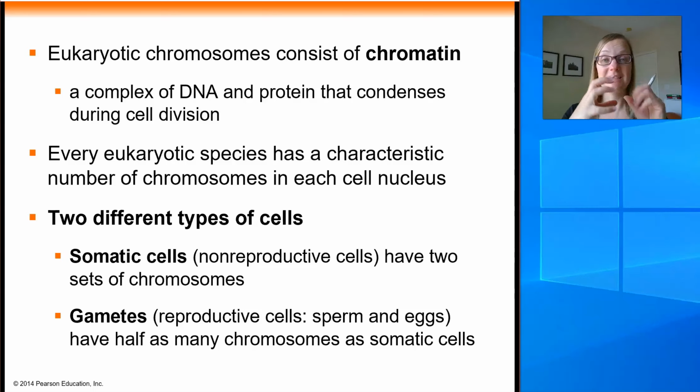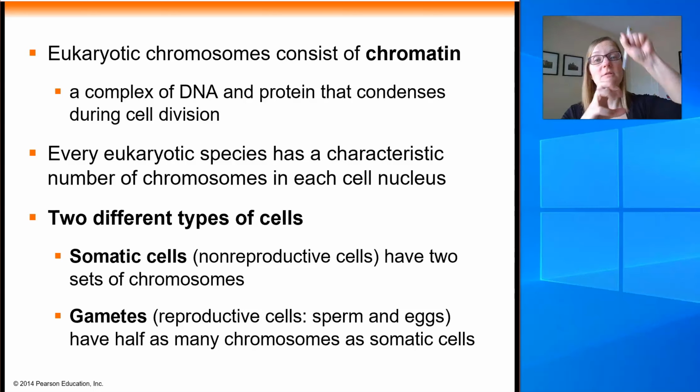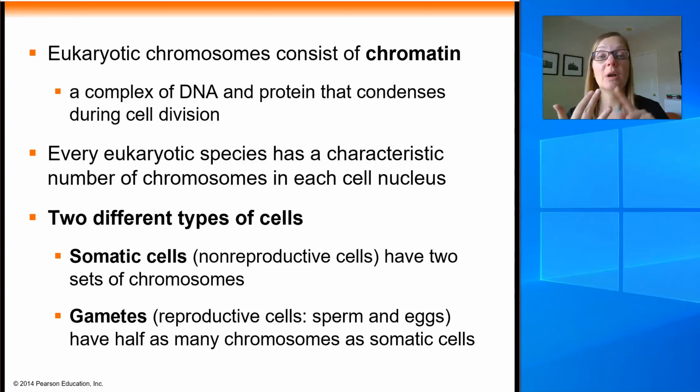And then it'll take its DNA and it'll wind it around these spools to help organize it. And so when you're looking at a eukaryotic cell's chromosome, really you're looking, yes, at the DNA, but also at all the protein that's used to organize that DNA. And this material, DNA plus protein, is called chromatin. So eukaryotic chromosomes are made out of material called chromatin.